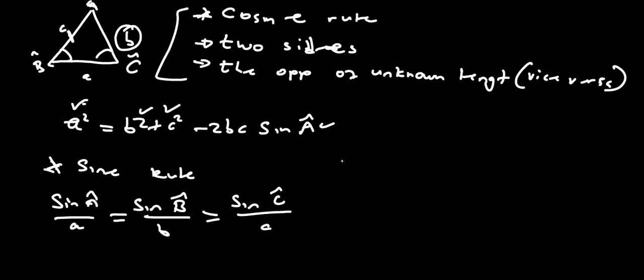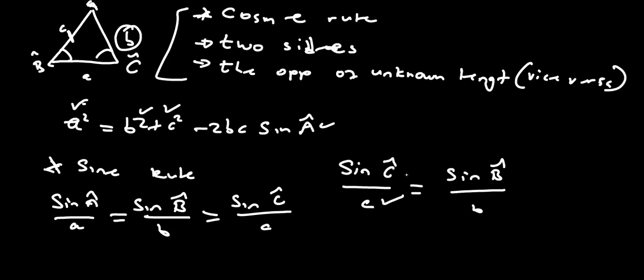Remember, you're going to say that the sine of angle C divided by the length C equals the sine of angle B divided by B. Since you know this and this, but you need to find this one, it's possible for you to get it. From that point, you can even go further on the other side, which we're gonna say is vice versa.